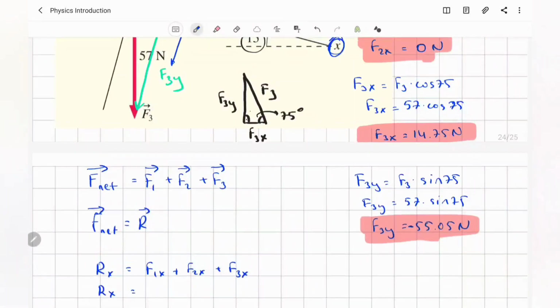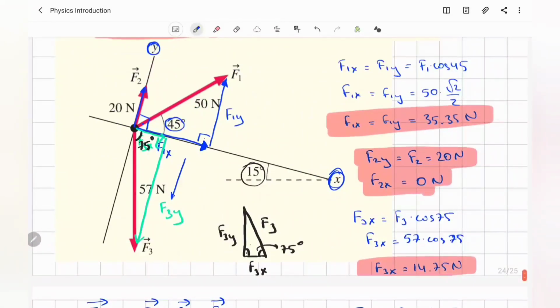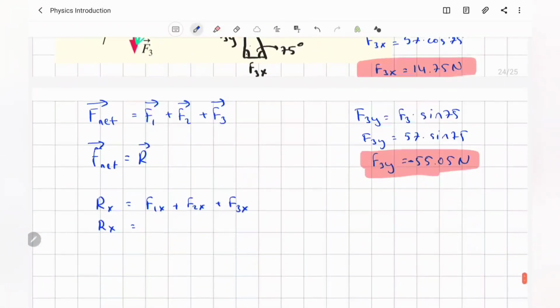The x component for the first force is 35.35. For the second force it's 0. For the third force it was also positive, 14.75. So the x component of the resultant vector is 35.35 plus 14.75, which is 50.1 newtons.